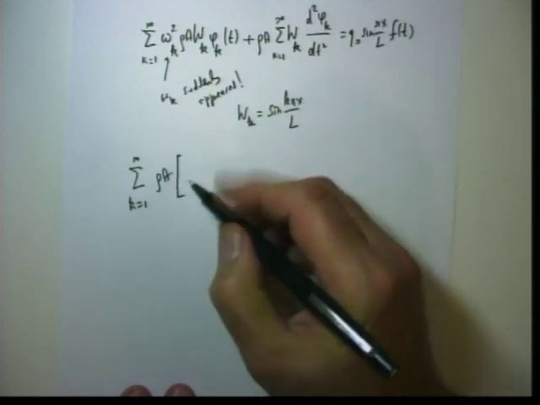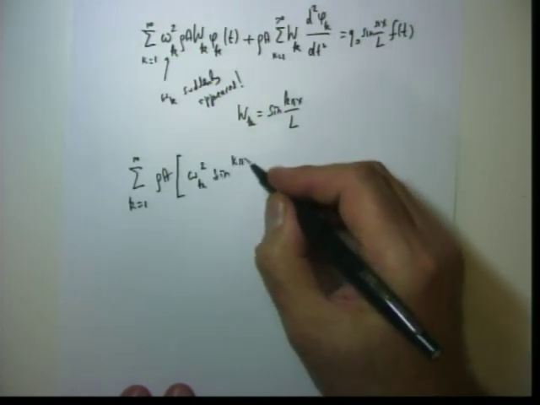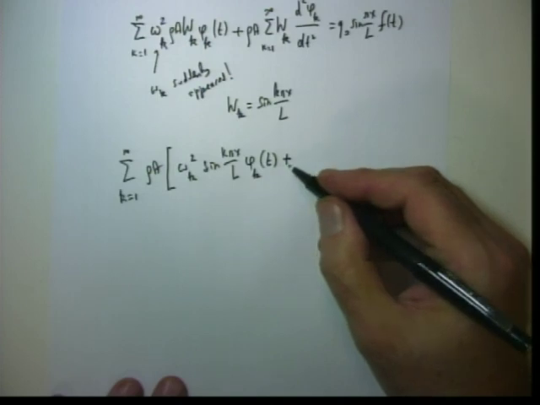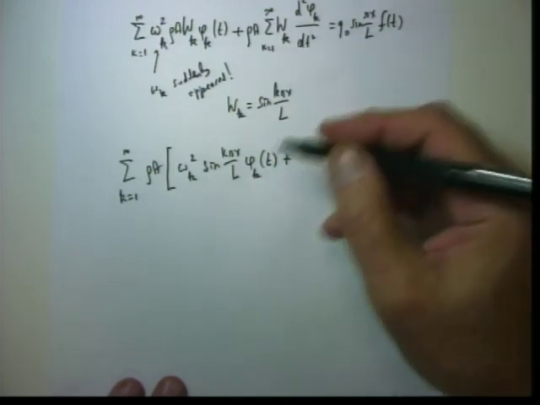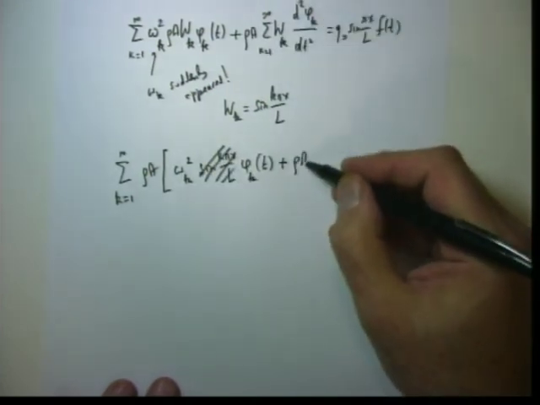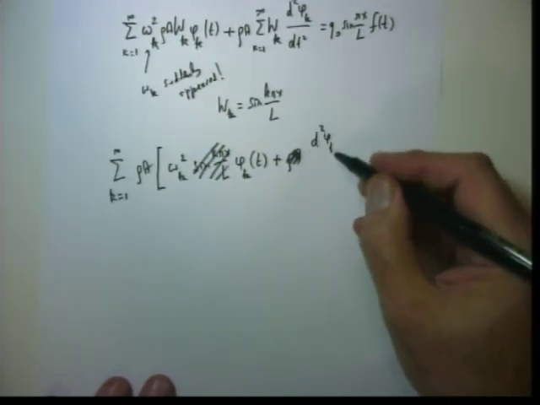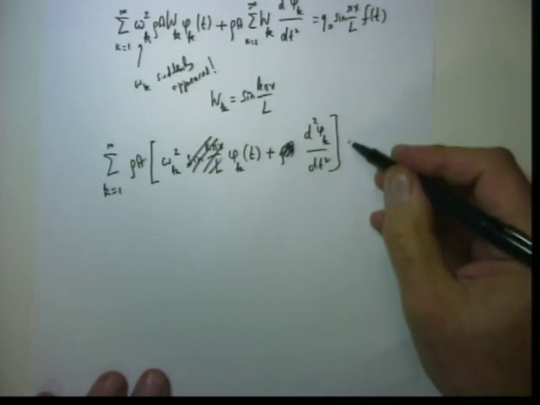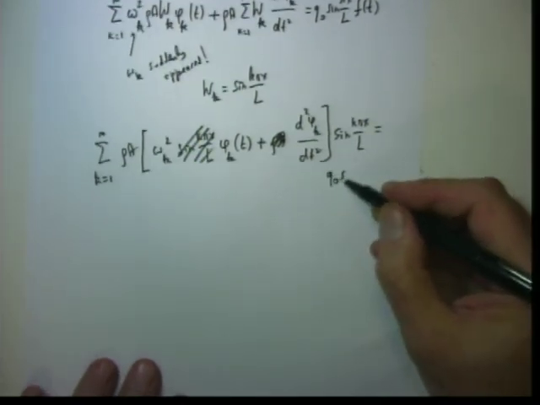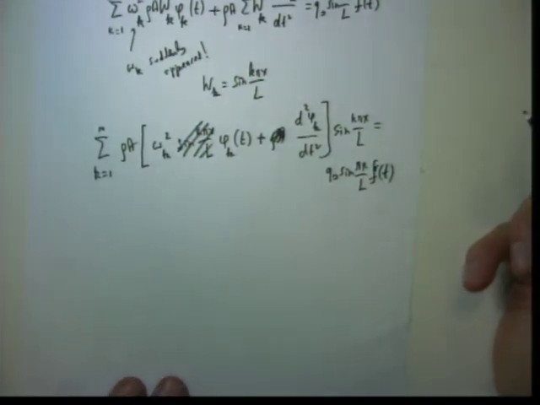Then we have omega k squared, and here we have sine k pi x over L, phi k of t, plus, so d2 phi k dt squared, here I have sine k pi x over L. This equals Q0 sine pi x over L f of t. Okay?